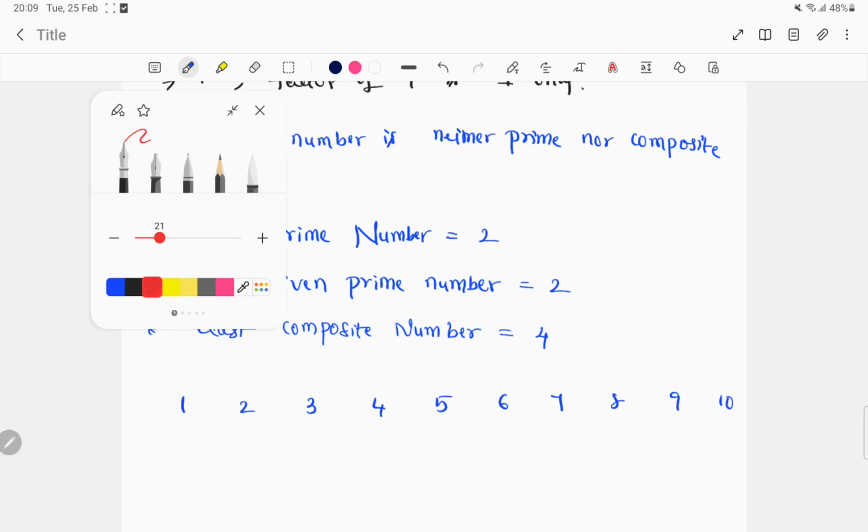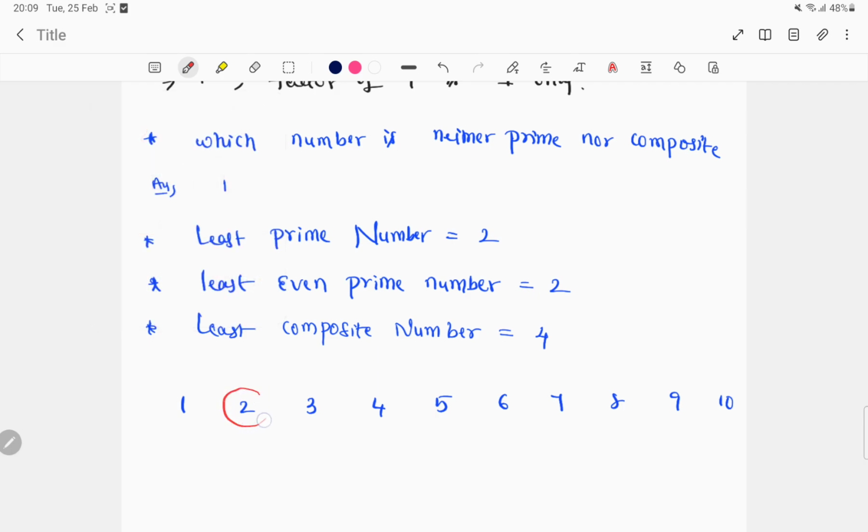So here we can identify what is prime. 2 is a prime number, 3 is a prime number because only 2 factors, 5 is a prime number. Next, 7 is a prime number, 7 into 1 only.